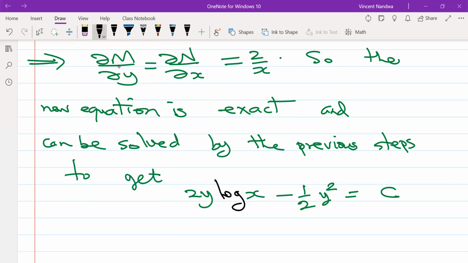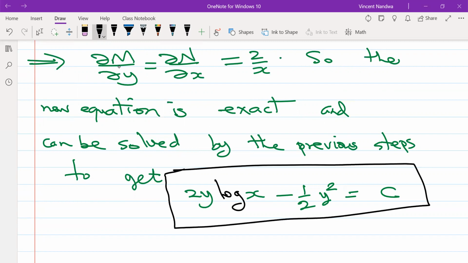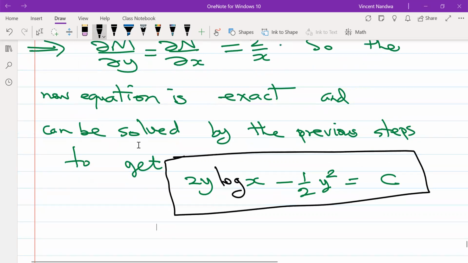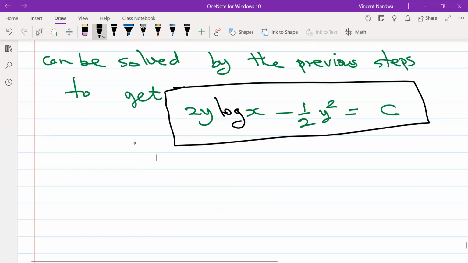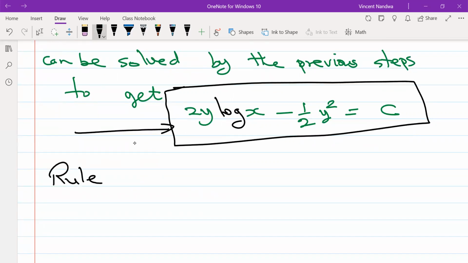And then the last case, rule number 2. So please check this solution by following the same steps in the previous classes.